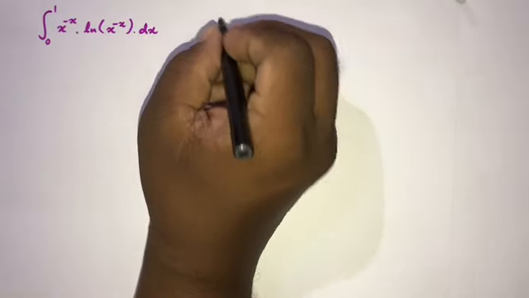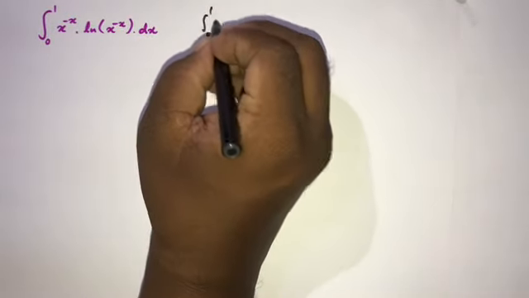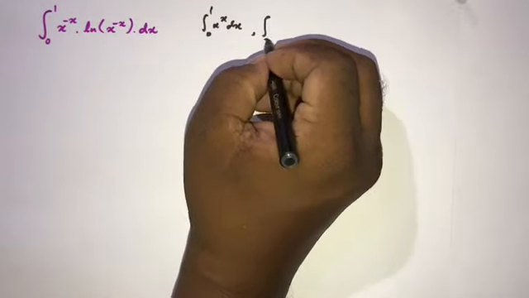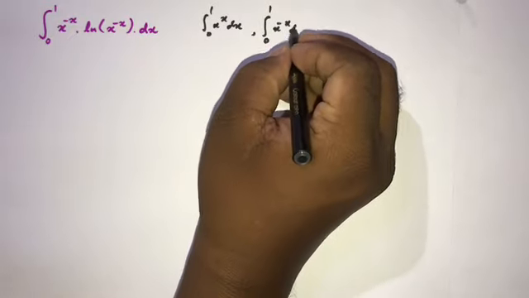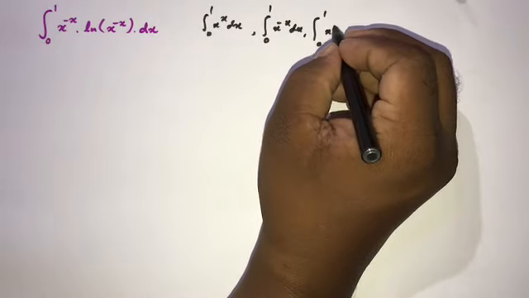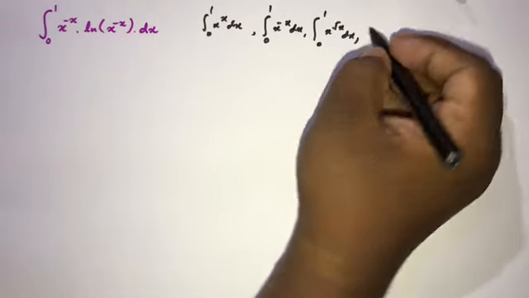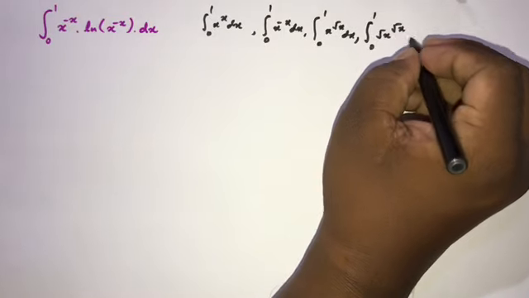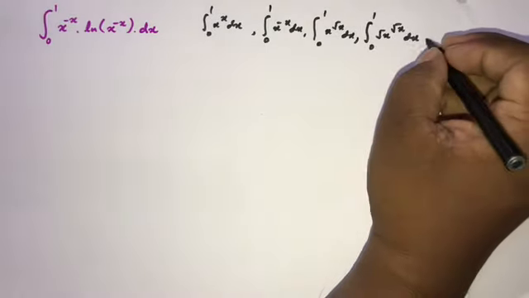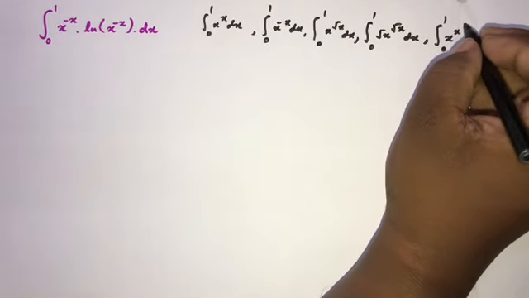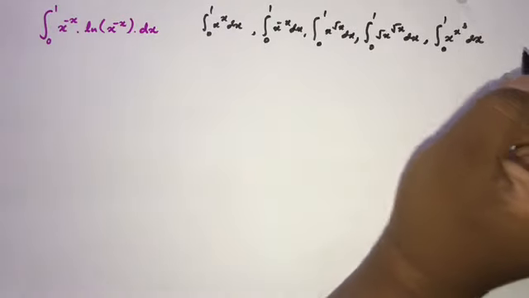We solved integrals of this type: the integral from 0 to 1 of x to the x dx, the integral from 0 to 1 of x to the minus x dx, the integral from 0 to 1 of x to the square root of x dx, the integral from 0 to 1 of square root of x raised to the square root of x dx, and the integral from 0 to 1 of x to the third power dx, like this.